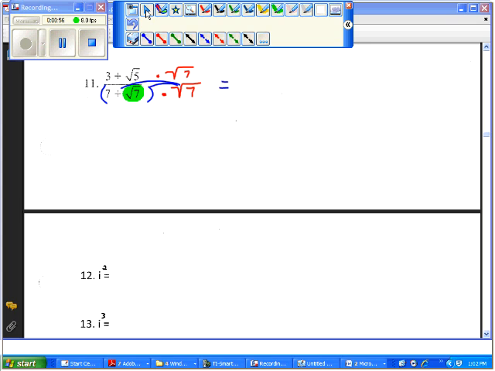So what's the bottom going to become? 7 square root 7. And then when you do these 2 radicals, you get plus 7. You didn't remove the radical from the denominator. You just shifted it from the right side to the left side. It's still there. It just moved. So multiplying by square root 7 is not going to fix our problem.